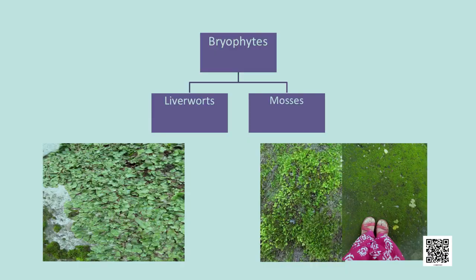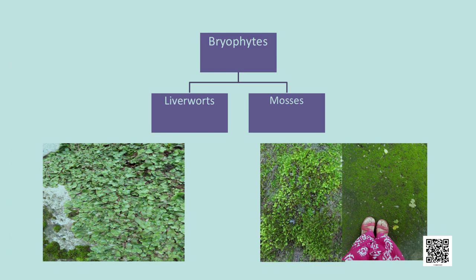Bryo in Bryophyta comes from a Greek word bryos, which means tree moss or oyster green, and phyta means plants. These tiny plants, bryophytes, are classified into two groups based on their body forms. The first one is the liverworts. They have lobed leaves just like the lobes of a liver.